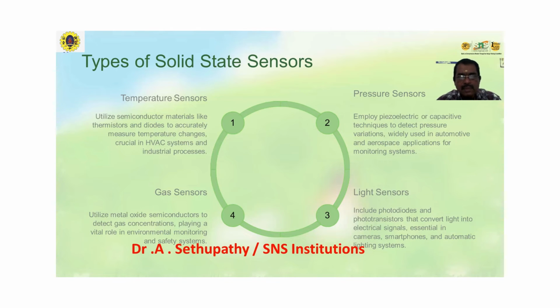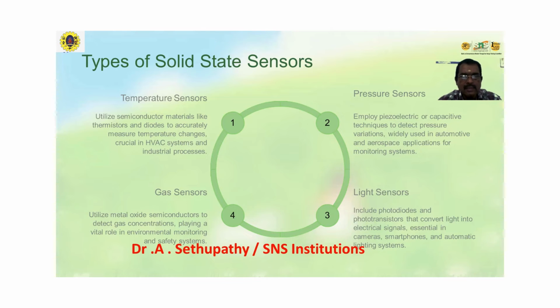In pressure sensors, the piezoelectric or capacitive technique means applying a load on the sensor's top side. The load will compress the sensor and the compression is converted into electrical signals.